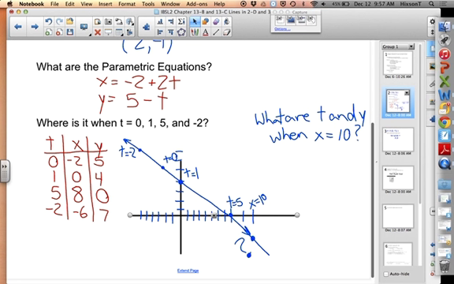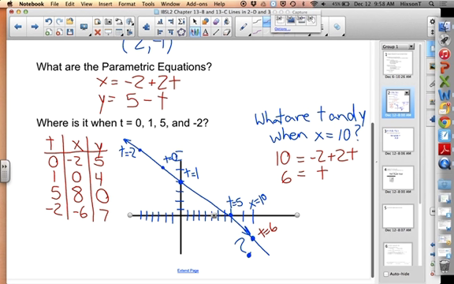Yeah. Okay? So good. This is where the parametric equations come in handy. We plug in 10 for x. That's -2 plus 2t. We get t equal to 6. So I know this point has t equal to 6. Now I just need to find the y coordinate.